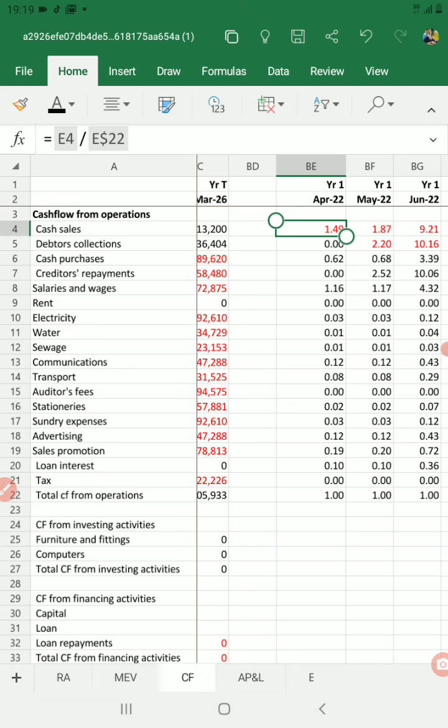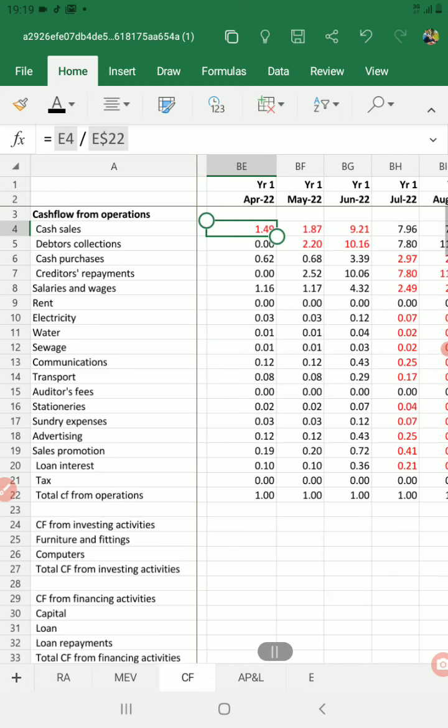And we have negative up to June, as we said, because the common denominator is negative. From July, we have positive multiple here. So this one can be easily compared by looking at total cash flow from operations in July. Cash sales is 7.96 times this total cash flow from operations.